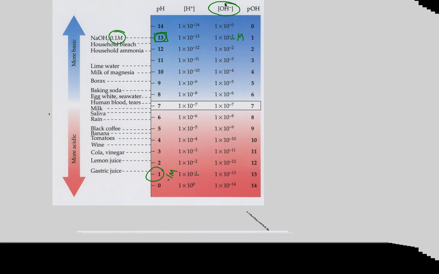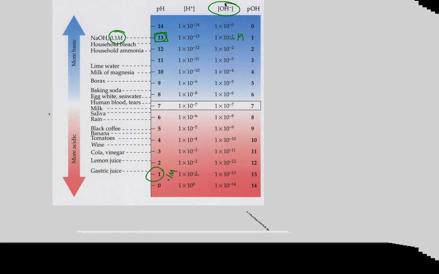So if this is 10 to the negative first, the hydrogen ion concentration is 10 to the negative 13th. And that would give this a pH of 13. Do you see how that works? These balance around pH, around Kw. So if we go down here, this one works too.